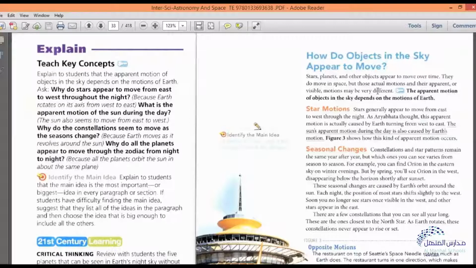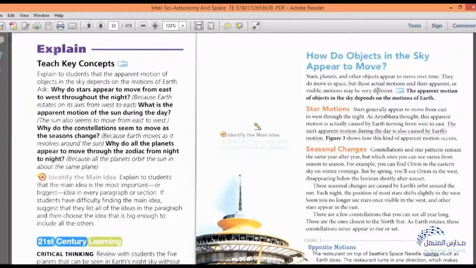For example, you see Orion as a constellation, or a group of stars, in the eastern sky on winter evenings, but in spring you will see Orion in the west, disappearing below the horizon shortly after sunset. These seasonal changes are caused by the Earth too, but this time by Earth's orbit around the sun.